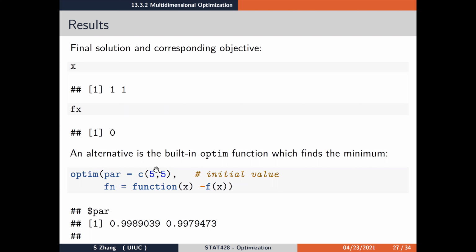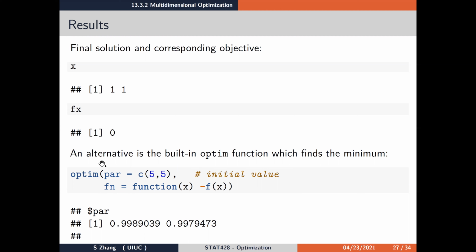An alternative is to use the built-in optim function, which can be used to find the minimum. We mentioned the built-in optimize function earlier, which is used for one-dimensional problems. The multidimensional counterpart of it is called optim. Essentially, we just need to specify the initial values and the objective function.